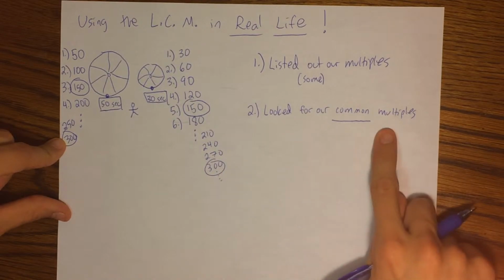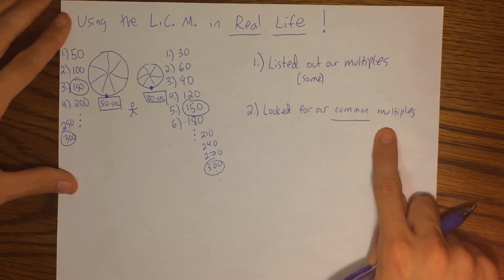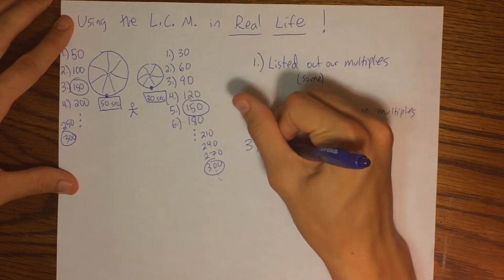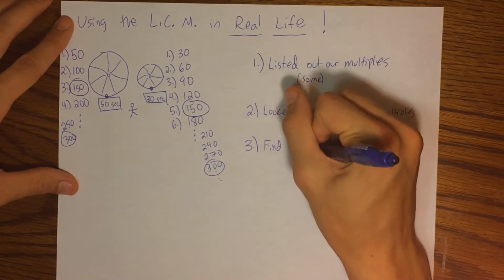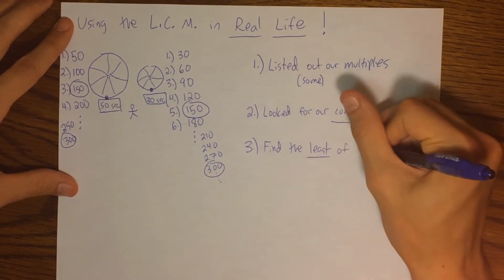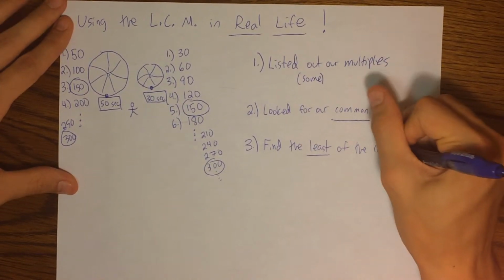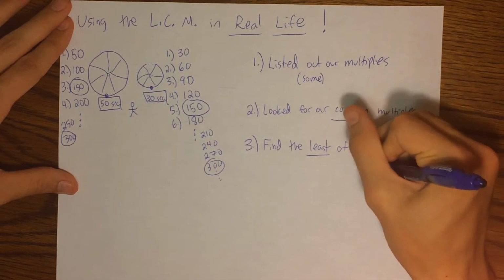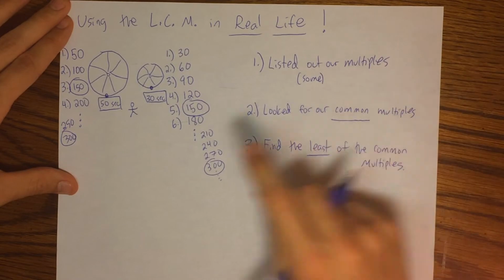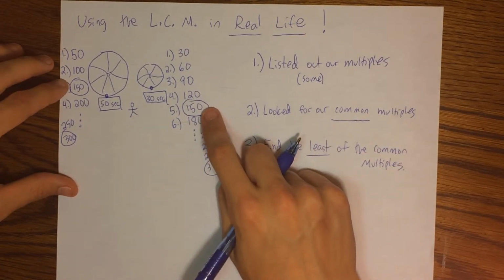So those are our common multiples, weren't they? And then finally, we're going to find the least of the common multiples. So that's where 150 came in.